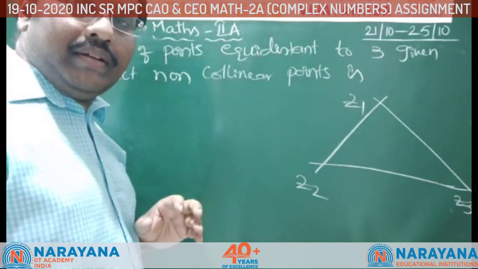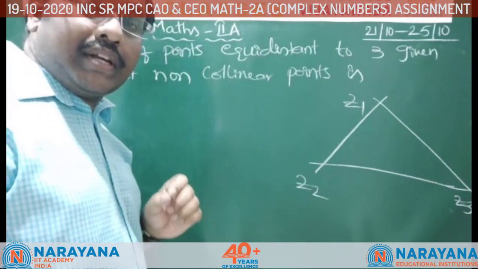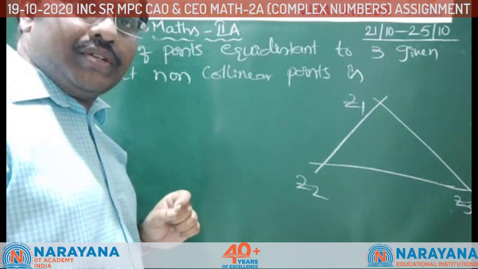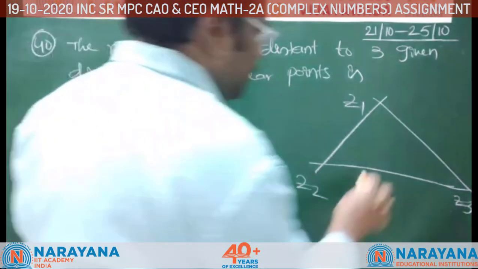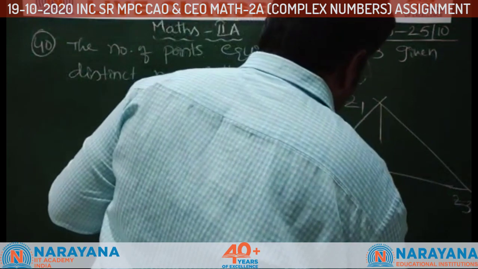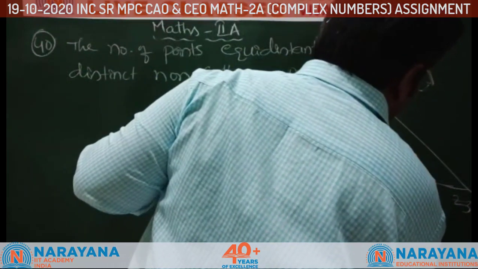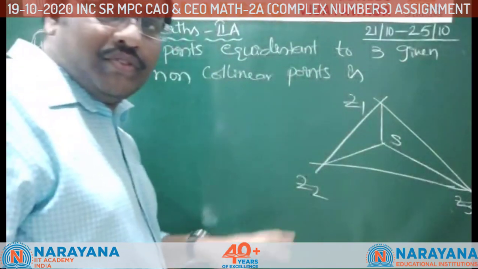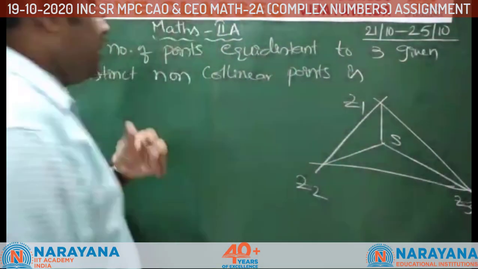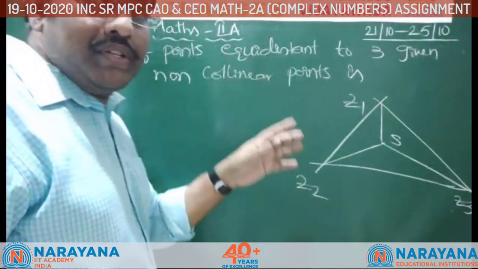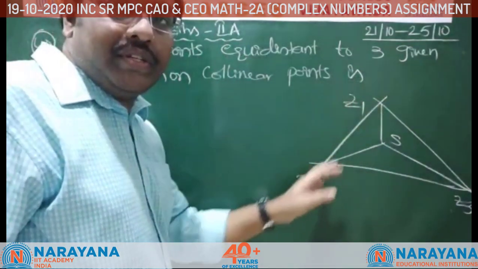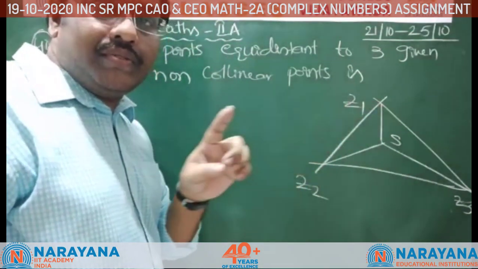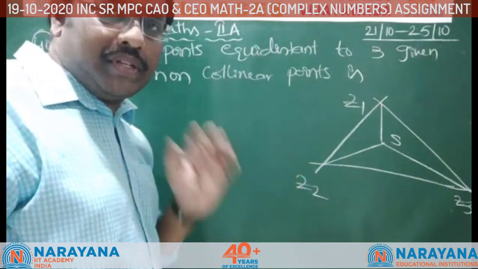In any triangle, the circumcenter is equidistant to all three vertices. We know this point. Therefore, the number of points which are equidistant from the three distinct non-collinear points is only one, which is the circumcenter.